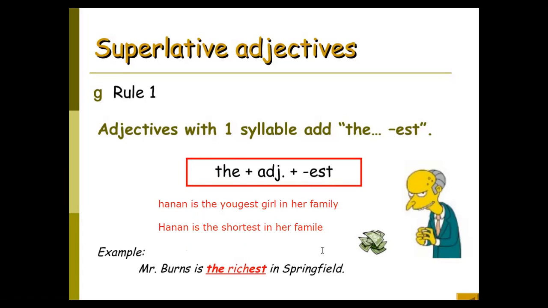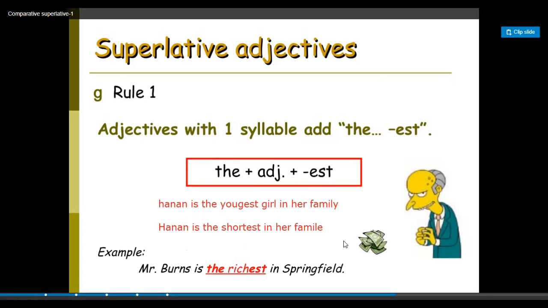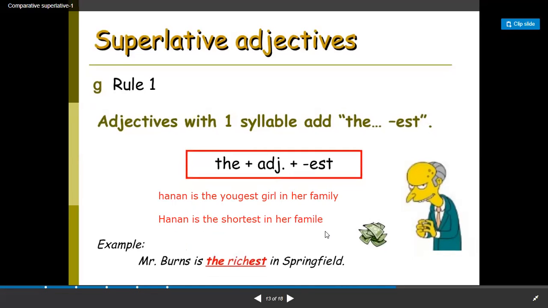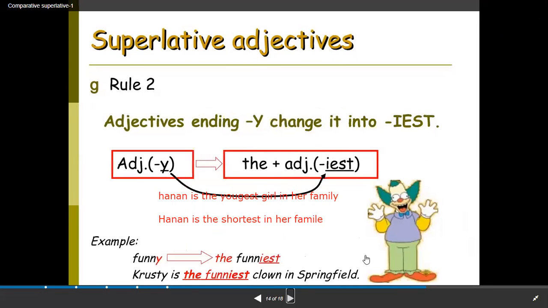So young becomes youngest, short, shortest, tall, tallest, small, smallest. Okay, this is for the first rule. If we have a short adjective, this is how we do it. But if I have a short adjective that ends with y, again, I will change the y to i and I add est. So funny becomes funniest.